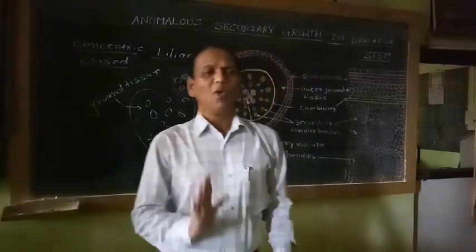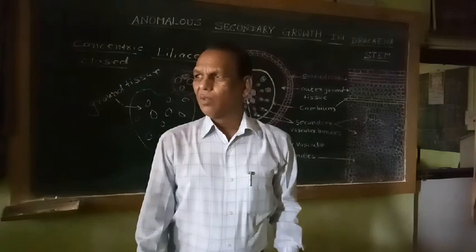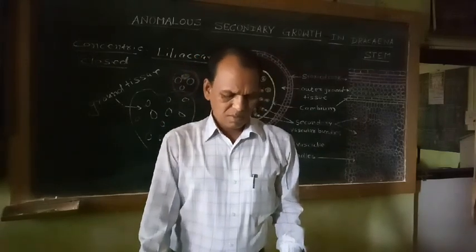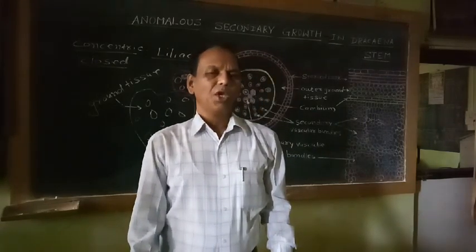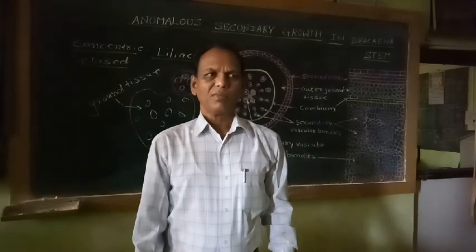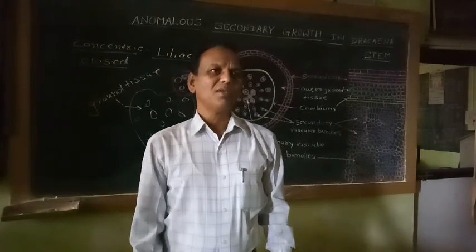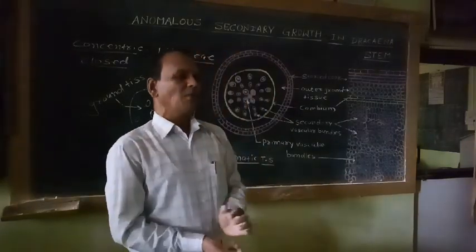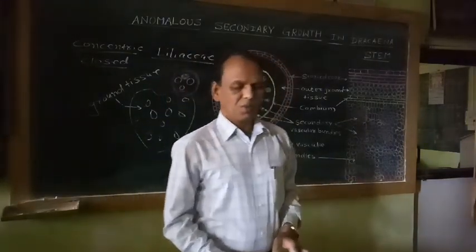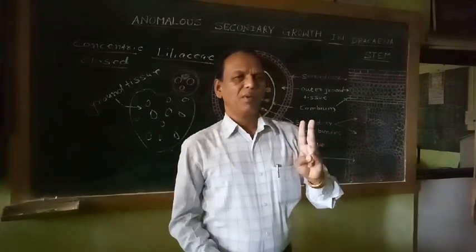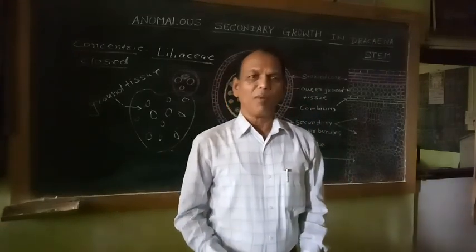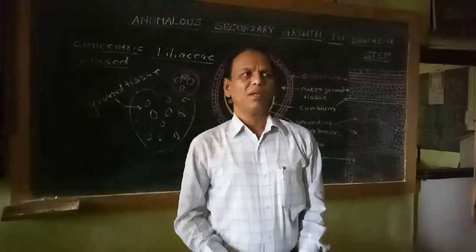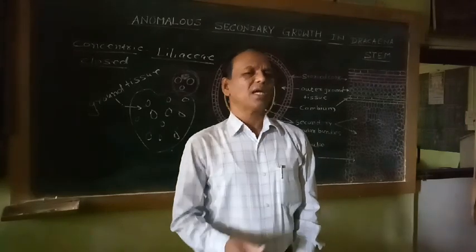If we observe the secondary growth, it shows abnormalities. The first abnormality is the development of three types of tissues by the cambium in the form of secondary xylem, secondary phloem, and secondary parenchyma.